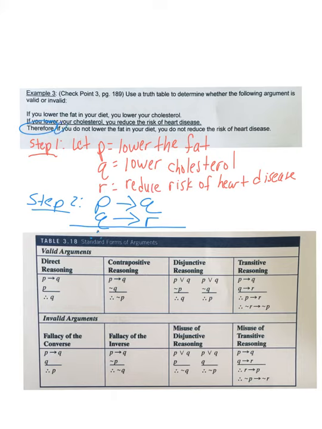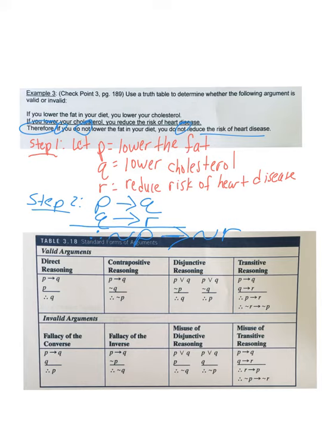If you do not lower the fat in your diet, so if negation P, then you do not reduce the risk of heart disease. So another negation. Heart disease was R. So if not P, then not R.